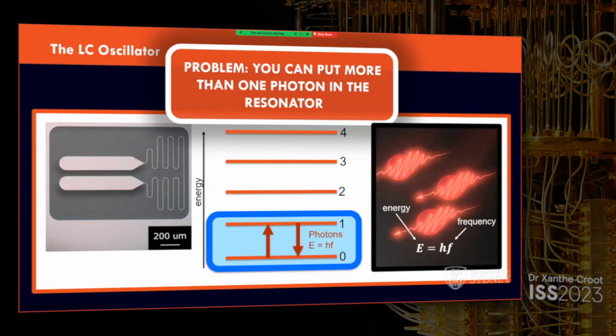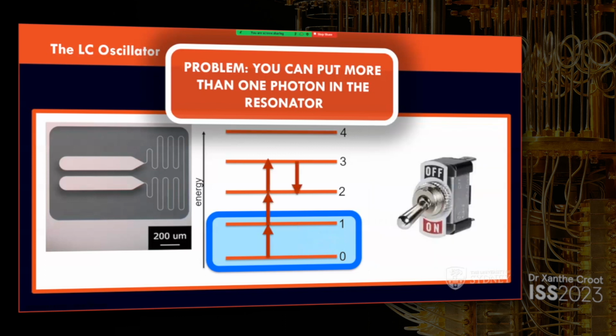The problem with using an LC resonator as a qubit is that if I send in photons at this frequency, I might actually end up in the 2 state or the 3 state. And that makes no sense from the point of view of having a bit, which is either in a 0 or a 1. If I've got something in a state 3, that doesn't really mean anything. And so this is really problematic for using superconducting resonators like this for quantum computation.